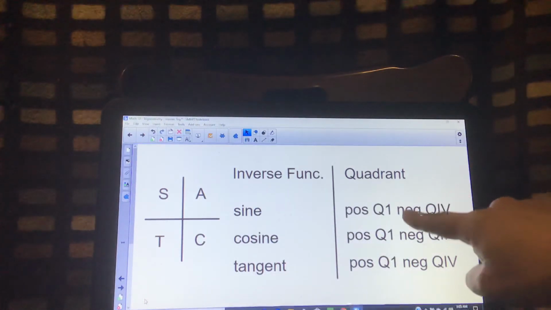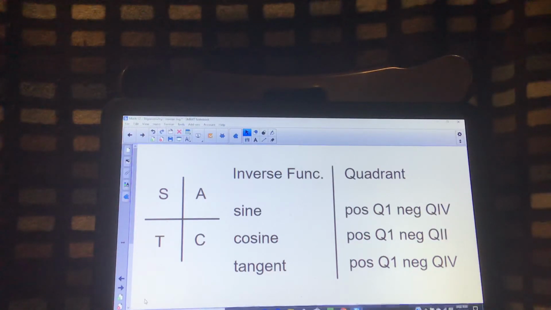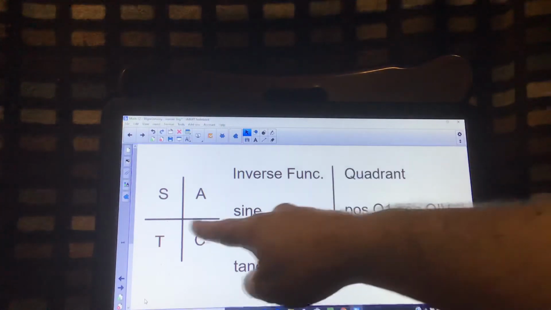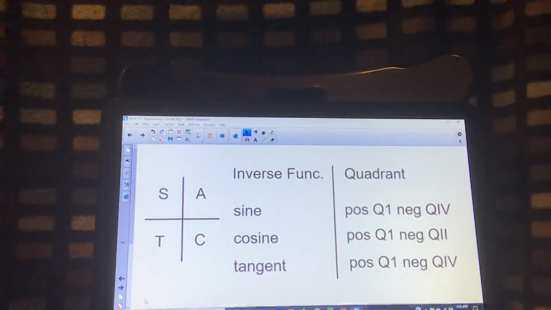They decide to get the answer to come out of quadrant 4, and they use the negative angle in quadrant 4. So that's why it came up as negative 30 and not as 330 or 210, which are also angles that are on the bottom. But it goes to the nearest one, so it will do negative angles.